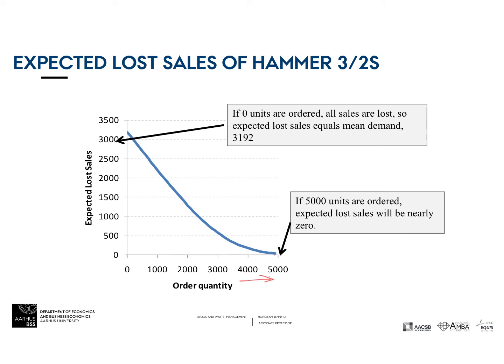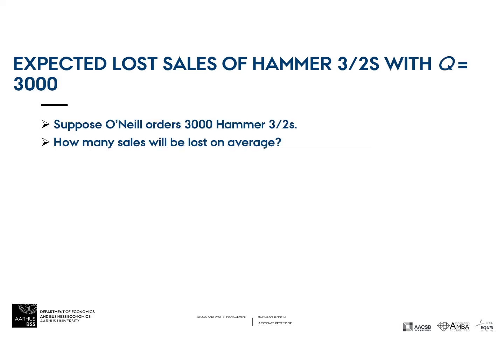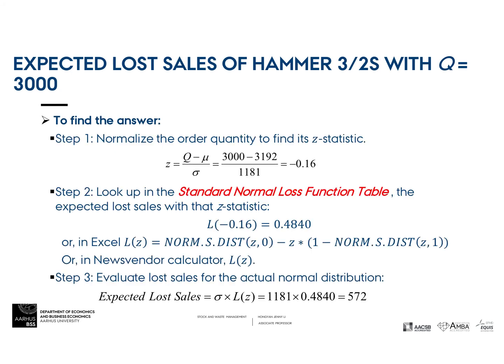So the lost sales approaches zero when your order quantity is greater than 5,000. Then the question is, given an order quantity, for example 3,000, how many sales would be lost on average? The calculation includes 3 steps.